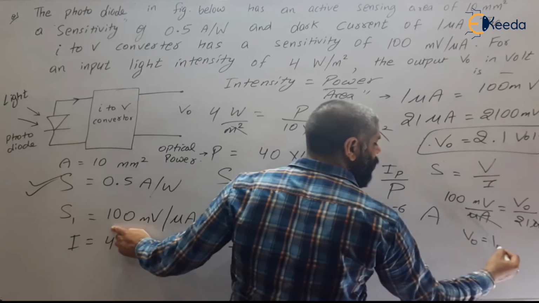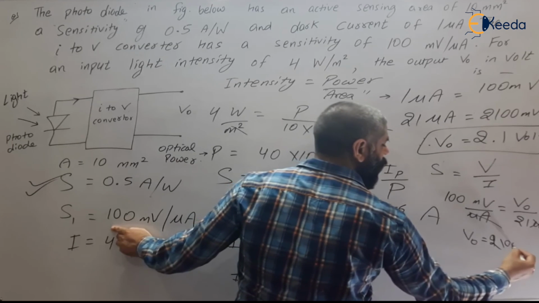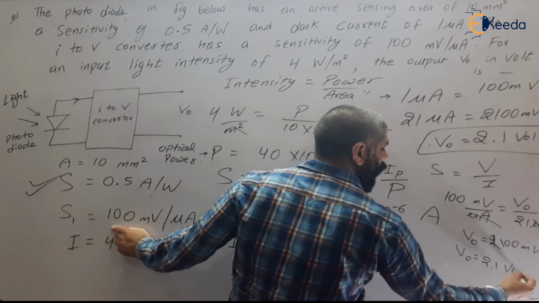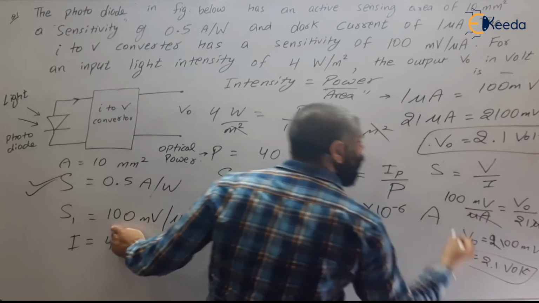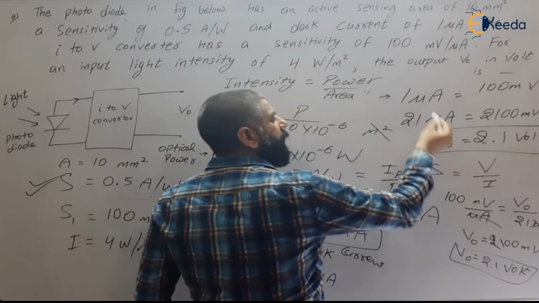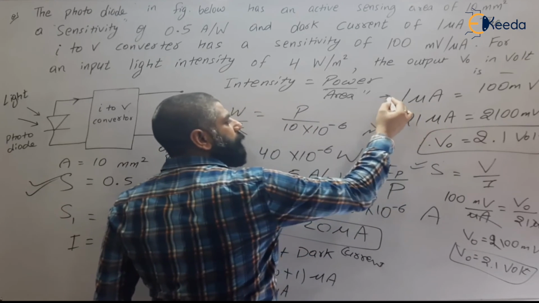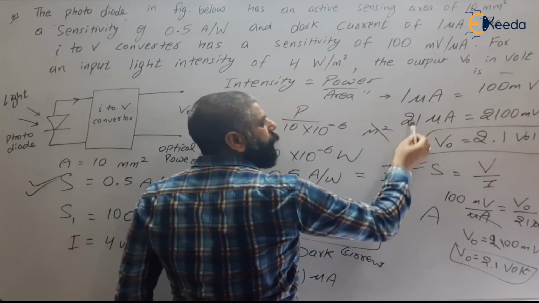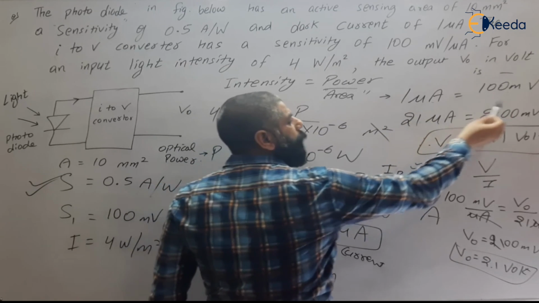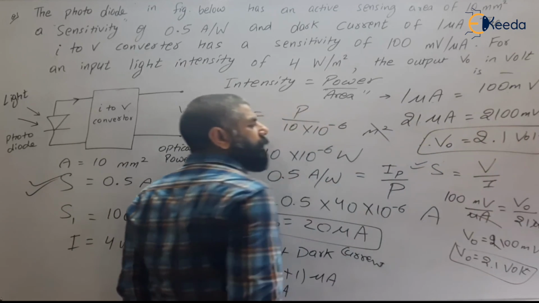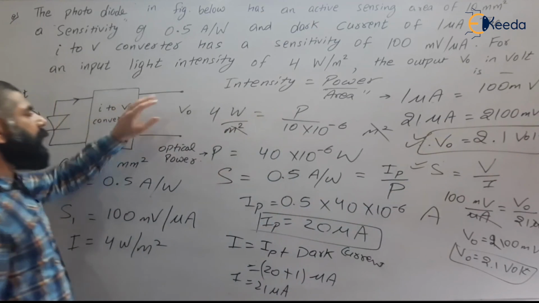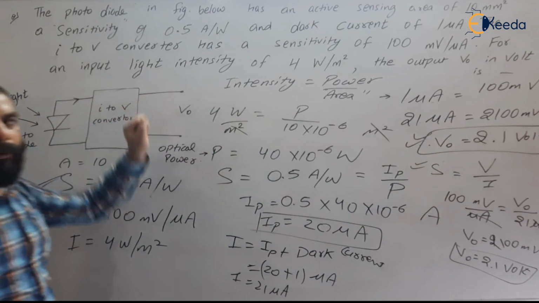So the output voltage is 2100 millivolt, or we can say V0 comes out to be 2.1 volt. So either we can use this formula, or simply determine it from the sensitivity: for 1 microampere, 100 millivolt is generated, so for an input current of 21 microampere, the output voltage will be 2.1 volt. So the output voltage of the I to V converter is 2.1 volt. Thank you.